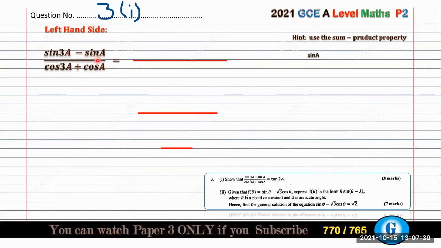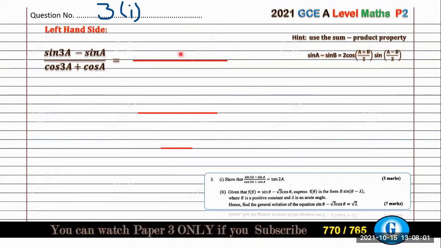We know that sine a minus sine b is equal to 2 cos (a plus b)/2 sine (a minus b)/2. This is the transformation from difference to product. So here, according to this question, our a is 3a and our b is a.